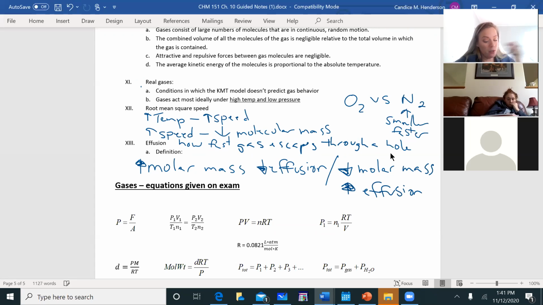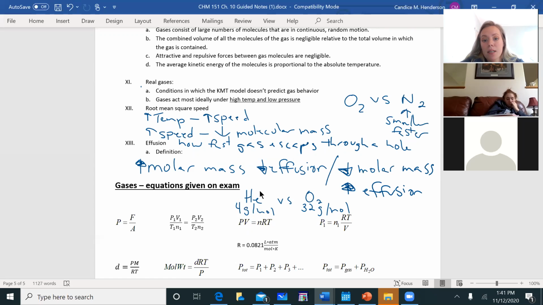So if I have two balloons, let's say one balloon is filled with helium, and helium has a molar mass of 4 grams per mole, versus a balloon that's filled with oxygen, which is not as much fun, which is 32 grams per mole. Okay, the helium will float. The oxygen will probably sit on the ground. This is lighter.